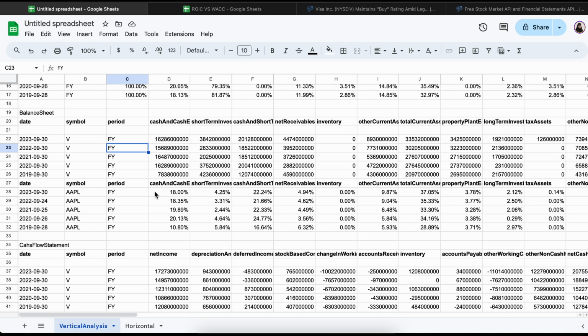From the balance sheet side, we have good cash portions. Although I don't like that they have a lot of cash because it can create operational risk. Cash can be damaged, something can happen to the vaults where the cash is stored.